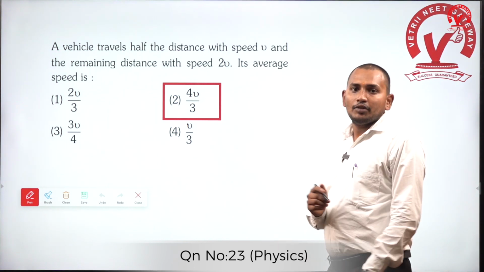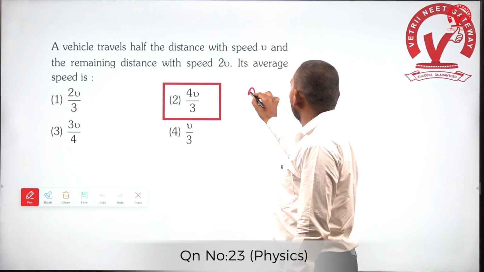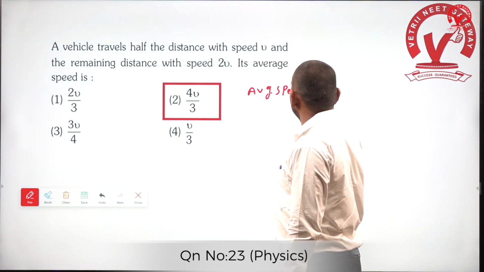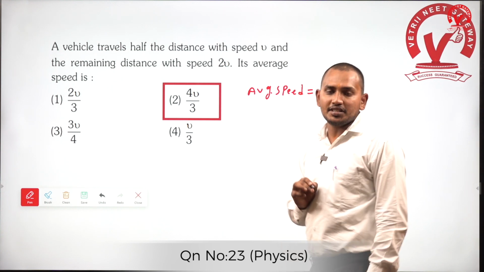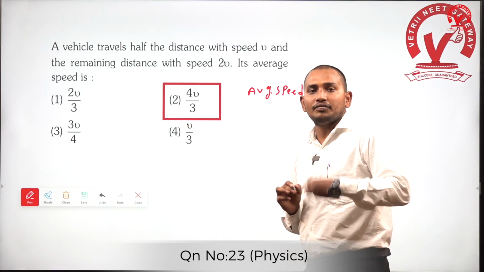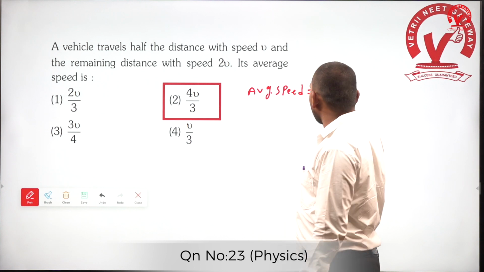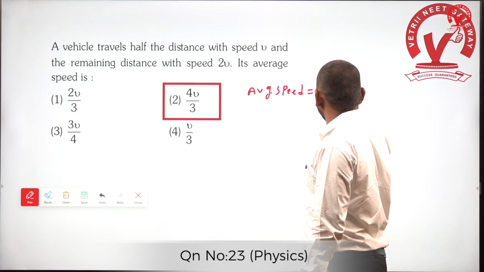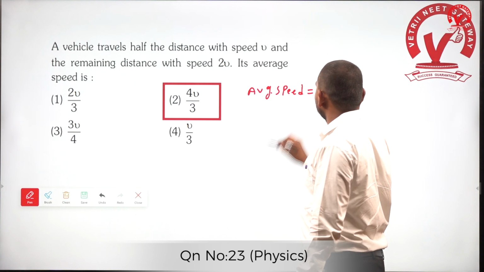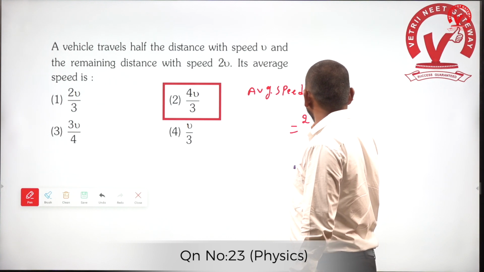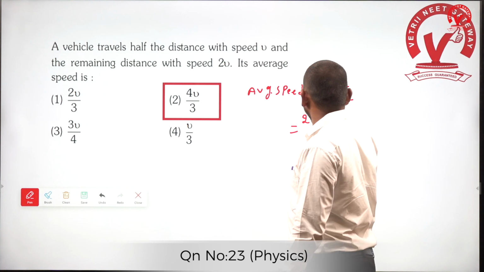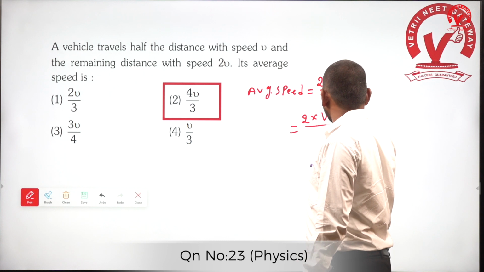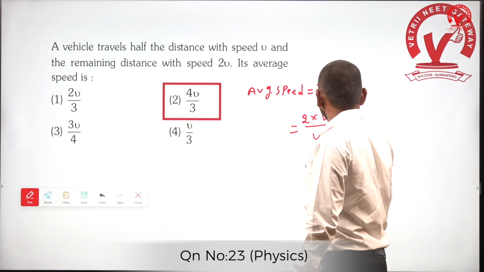A vehicle travels the distance with the speed v1, next the remaining distance with the speed v2, the average speed is, we know the basic formula for average speed. When a particle travels equal distances, or half distance with the speed v1, next half distance with the speed v2, its average speed formula is 2v1 v2 divided by v1 plus v2. So here 2 into v1, how much? v, and v2, how much? 2v divided by v plus 2v.